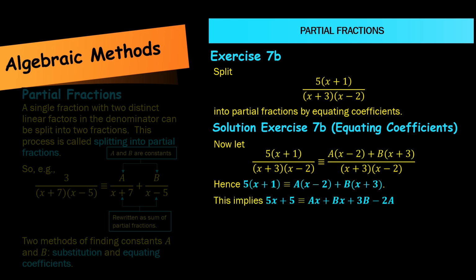Now let's multiply out. So on the left-hand side we have 5x plus 5, and on the right-hand side, if we multiply and tidy up, we have ax plus bx, we've put the x's together, plus 3b minus 2a. We've put the constants together. In other words, a plus b times x plus 3b minus 2a.